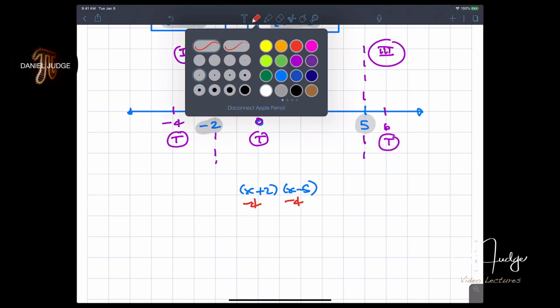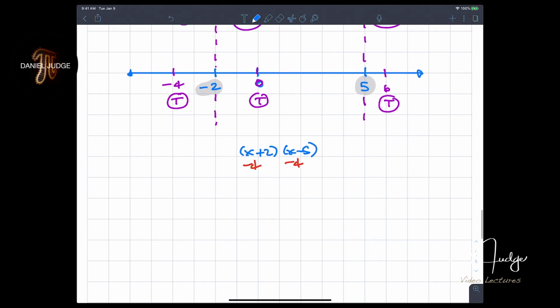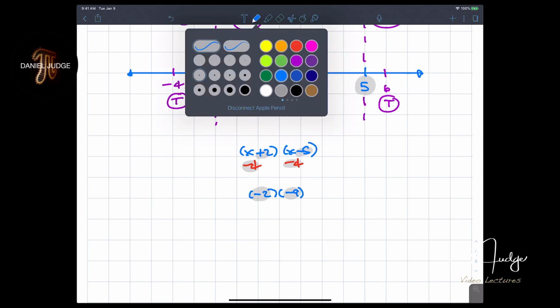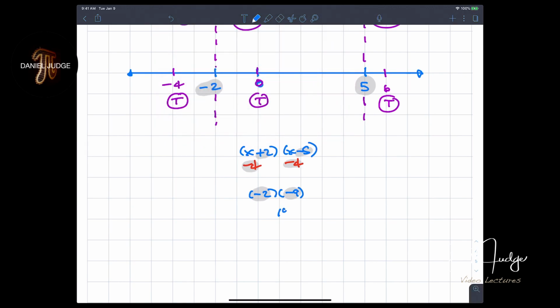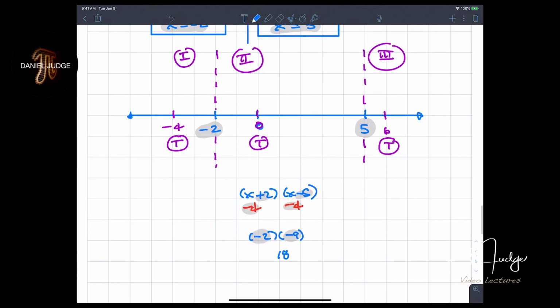You end up getting negative 4 plus 2, negative 2. You end up getting negative 4 minus 5, negative 9. A negative times a negative. I don't even care about the answer. I know it's 18. I just care about the sign. My sign here is positive. Ladies and gentlemen, region 1 is positive.